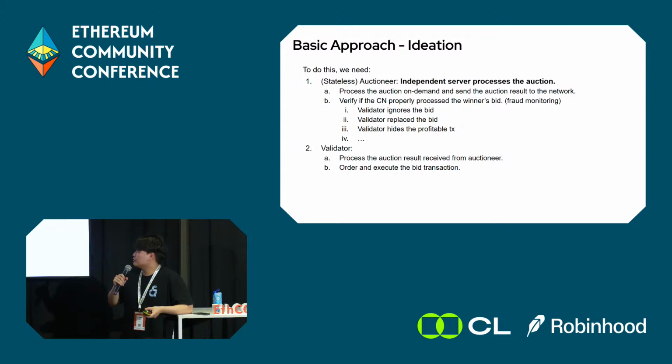And we also need to verify the CN. CN is the terminology used in the Kaia network. You can understand CN as the validator. We need to verify that the validator properly processes the winner's bid, because the validator can still ignore the output result from the auctioneer.